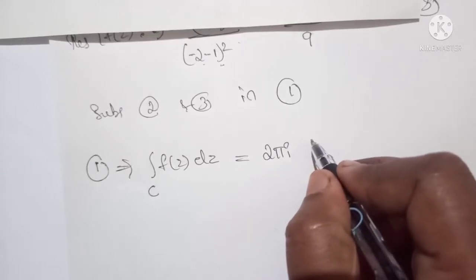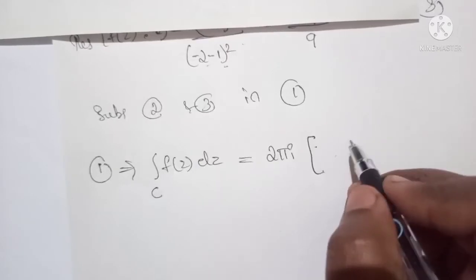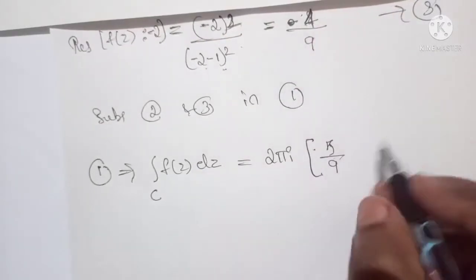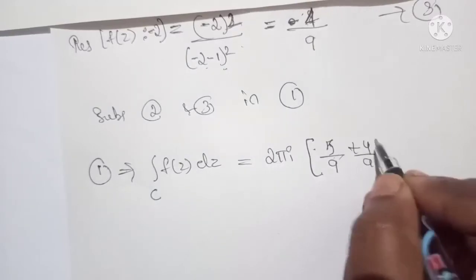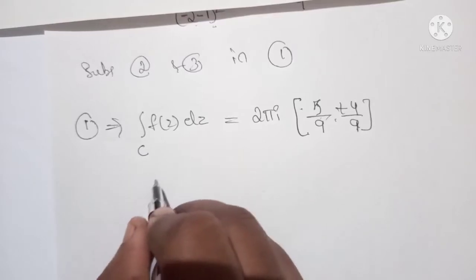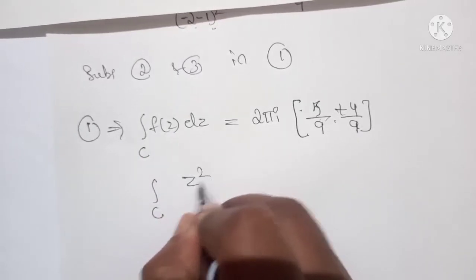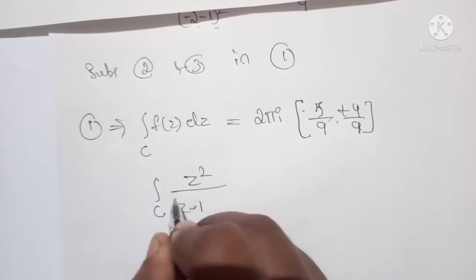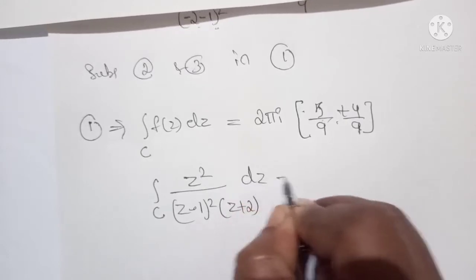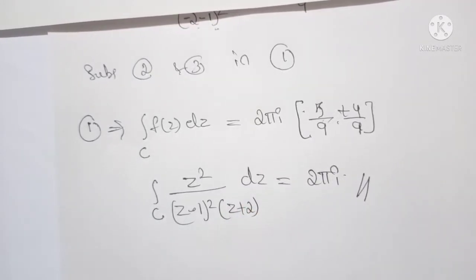From equation 1 we got 5 by 9, and from equation 2 it is 4 by 9. So on adding we get 1. Thus the integral over c of f of z, that is the given function z square over z minus 1 whole square into z plus 2, dz, is equal to 2 pi i. So this is the required answer.